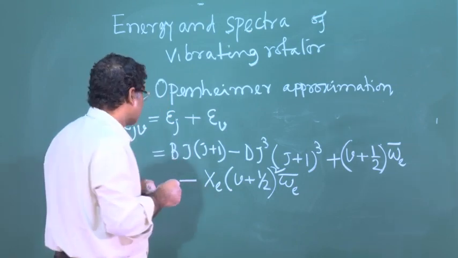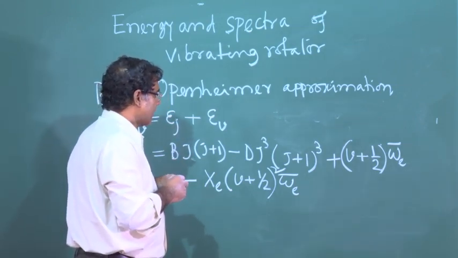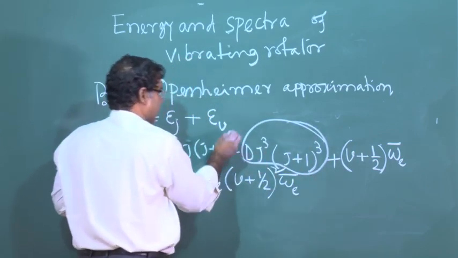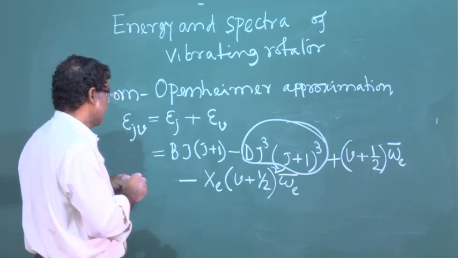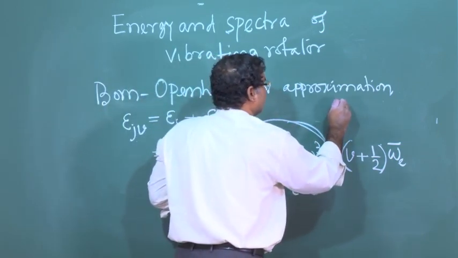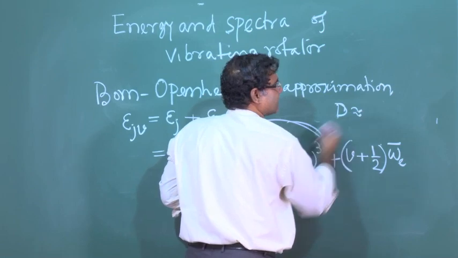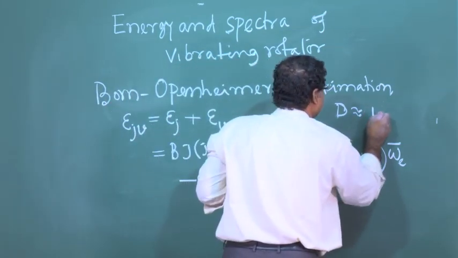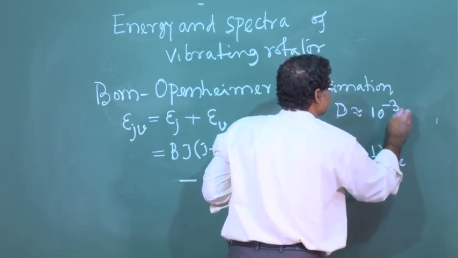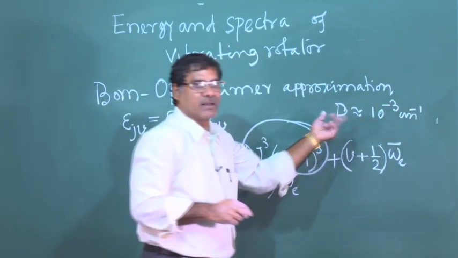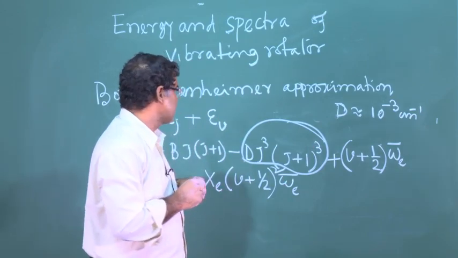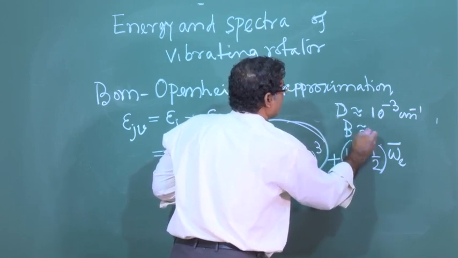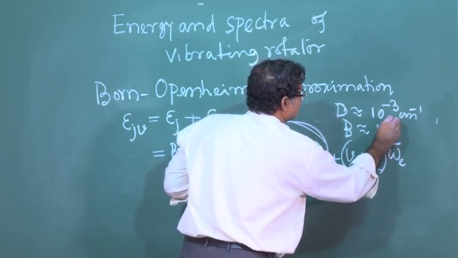When I was drawing, we neglected the D term in this case, because the D value is of the order of 10 to the power minus 3 centimeter inverse, whereas the B value is around 10 centimeter inverse.